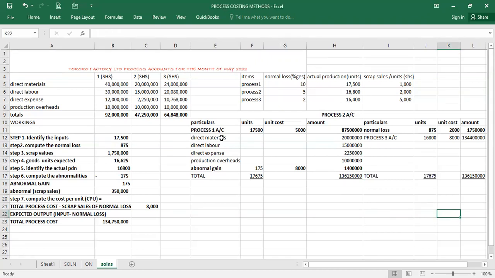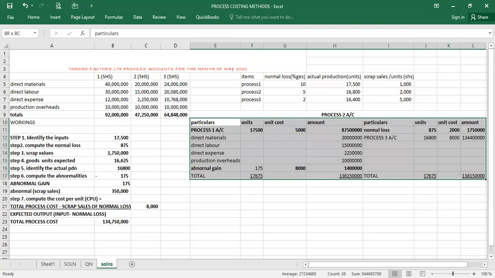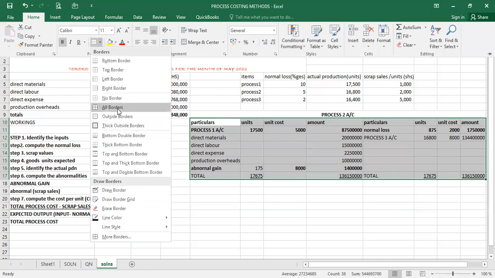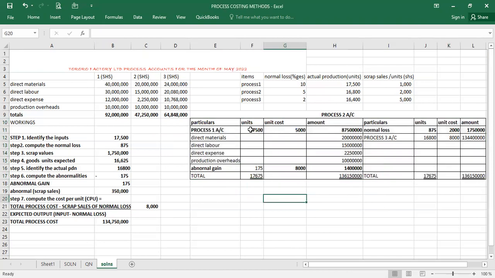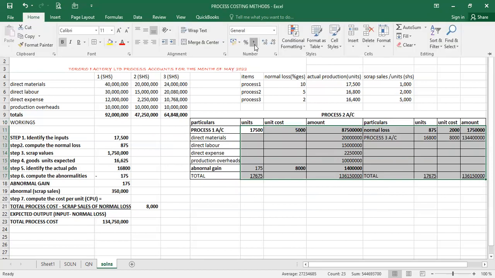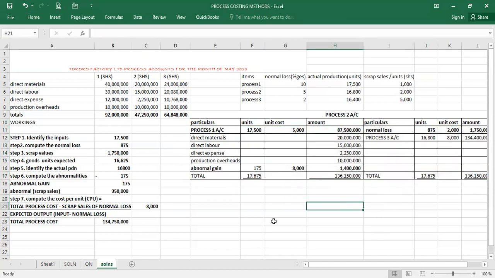We can even save. If you want, we can add some of the borders. We can apply all borders so that we'll be able to get something that is, you can try to put also these figures in whatever we put in those commas, so that we can be able to separate those variables.